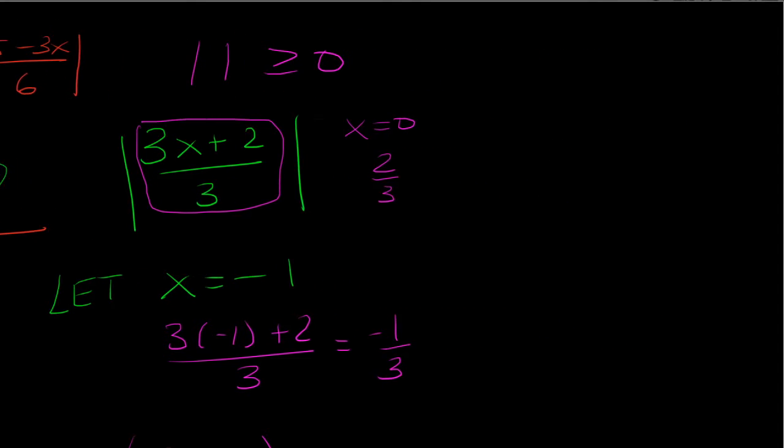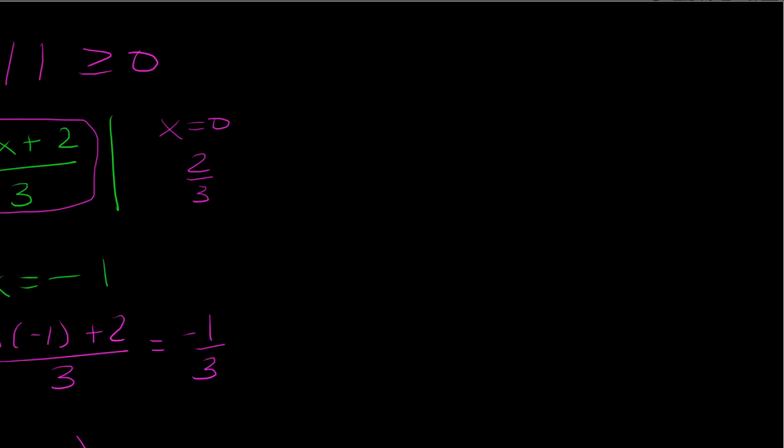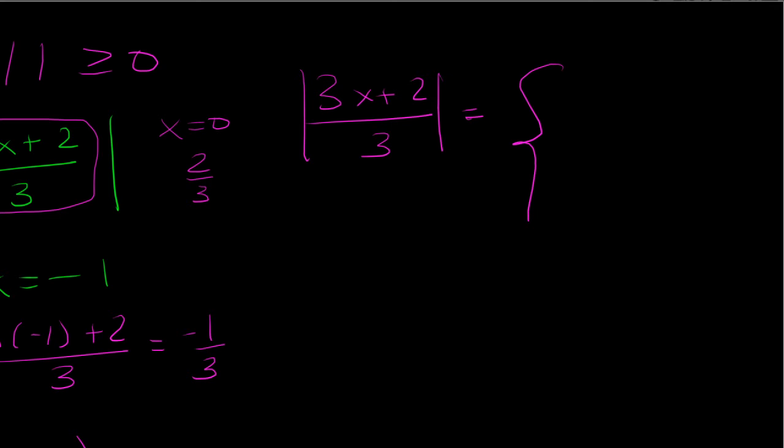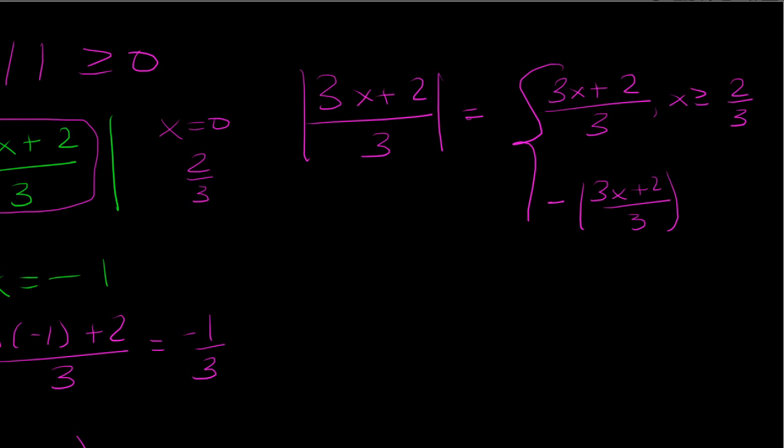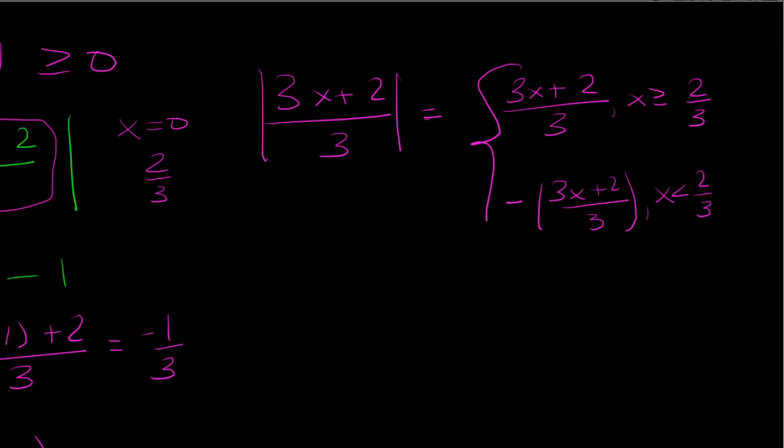Okay, so in other words, the absolute value of (3x plus 2)/3 is going to be positive if x is greater than or equal to negative 2/3 and negative if it's less than negative 2/3. So that's all it comes down to: determining where it is positive and where it is negative.